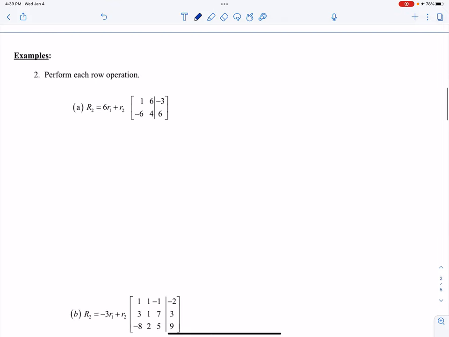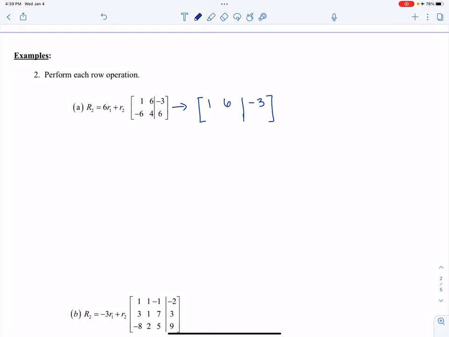Next, we will perform the row operation that they're indicating. For this one, they want us to do 6 times row 1 plus row 2. So 6 times row 1 plus row 2 is going to give us 1, 6, -3.